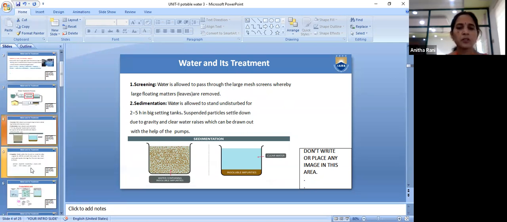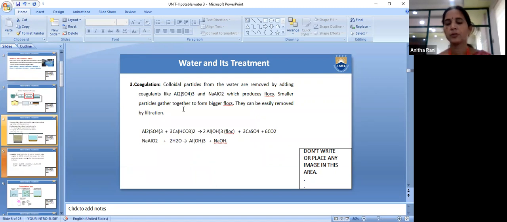Now the third step is coagulation. To remove very fine colloidal particles present in water, we use coagulants. The chemicals we use are aluminum sulfate and sodium aluminate. When we add aluminum sulfate or sodium aluminate, we get aluminum hydroxide floc in the water.